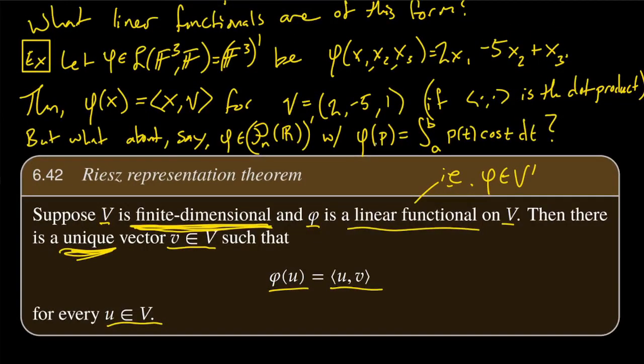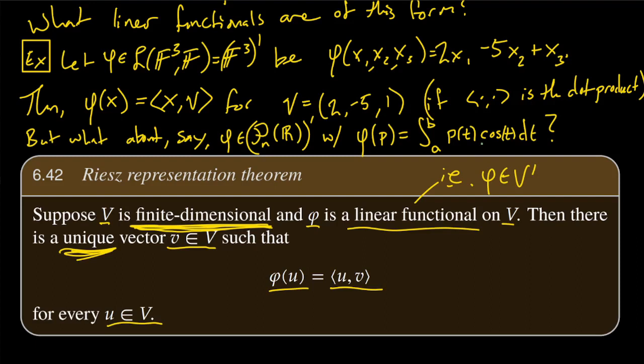So to answer our question here about integrating against cosine or something like that, and I'll even put parentheses around cosine just to make it look nice, this, you can check, very routine to check, is indeed a linear functional.